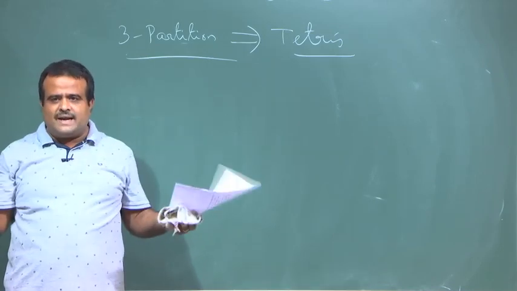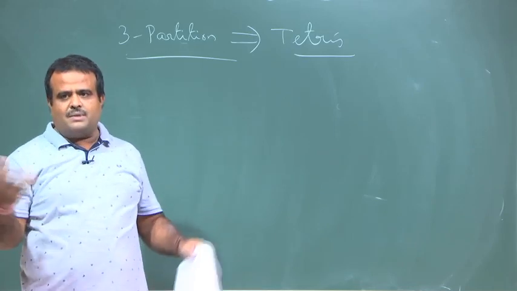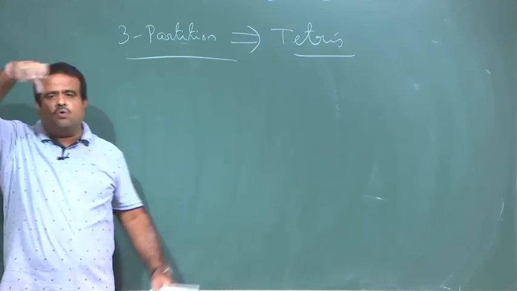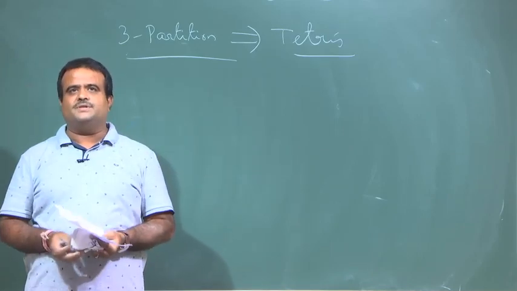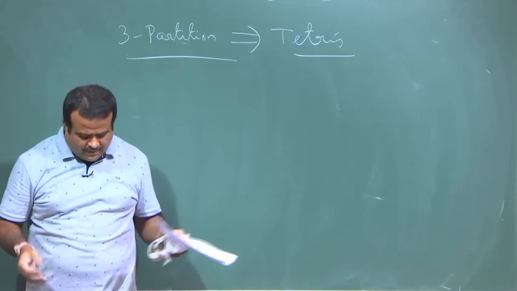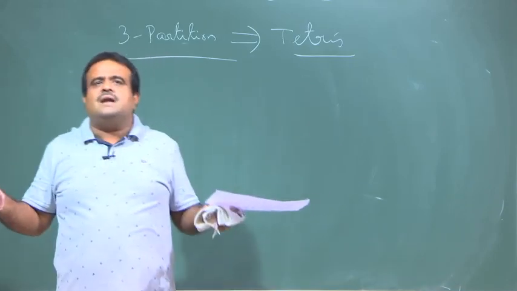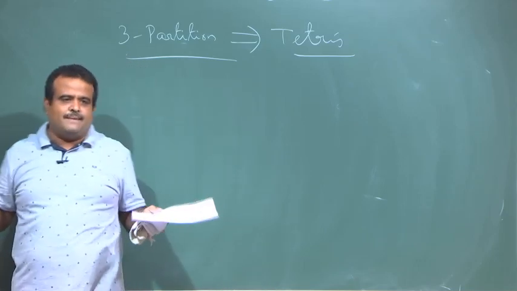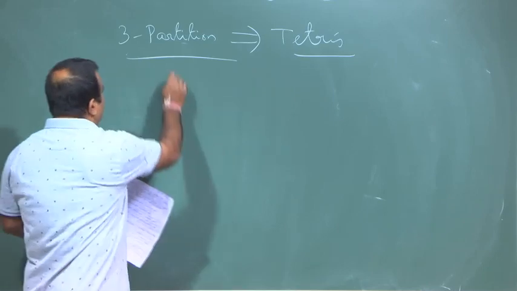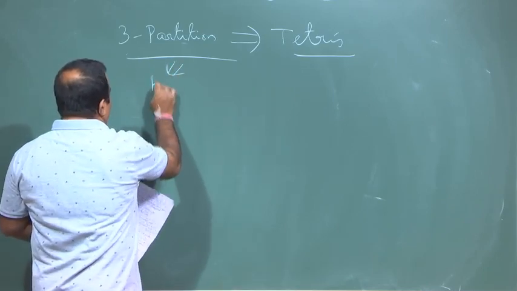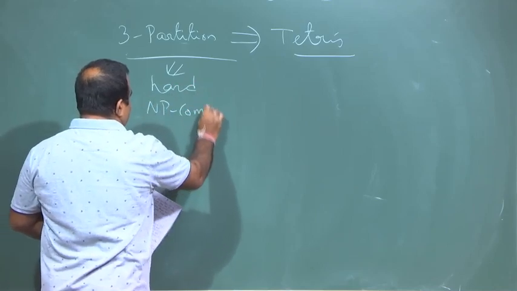We are given a set of n integers. The question is whether we can group them into 3 groups such that the sum of each group is the same. This is the 3 partition problem, and we know this is a hard problem.